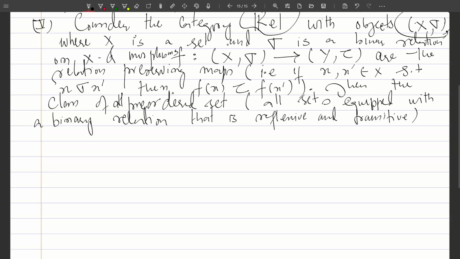So the class of all pre-ordered sets yields a full subcategory of Rel.